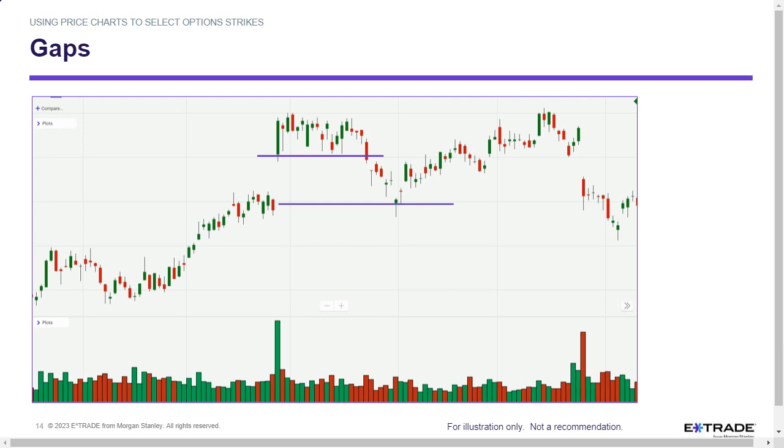Let me explain what I'm talking about. If I have a gap up, maybe somebody has a bearish position. Now, if you have a bearish position, where do you expect the stock to go, or where do you hope it's going? Down, right? That's why you have a bearish position.